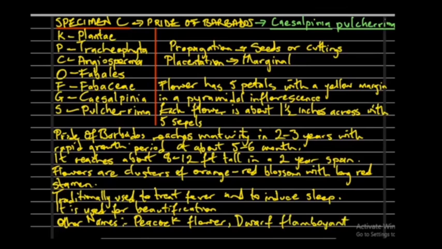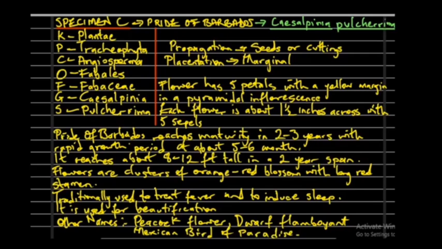These are other names that they call them in some other areas. It is also called the Mexican bird of paradise. So these are the things that we want to say about this particular organism, looking at the pride of Barbados.